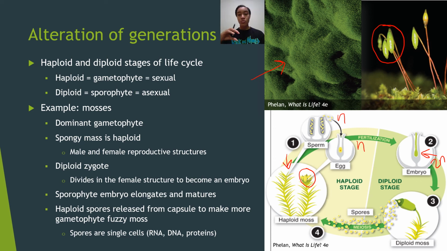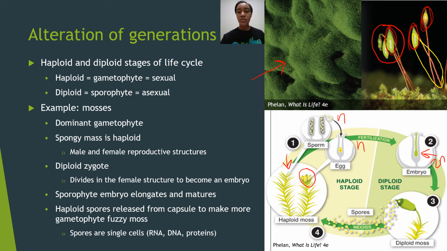It will just divide and grow within the female reproductive organ on the moss. And as it grows, it'll start to make these projections like you see here that grow out of the female structure, and they'll form a capsule on the very top of the structure. These are the capsules.